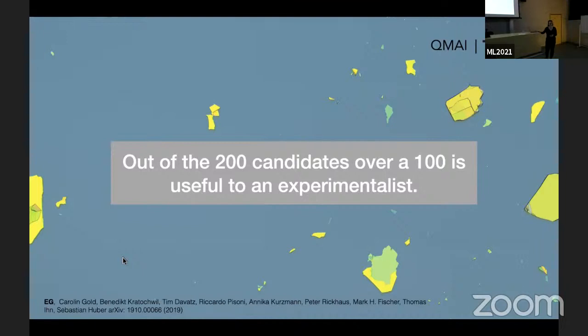And then you asked me, okay, but perhaps you should have used a better filtering because this sucks. How is it that only 50% on this narrowed down set is useful?